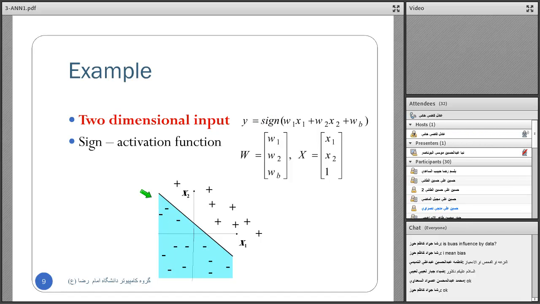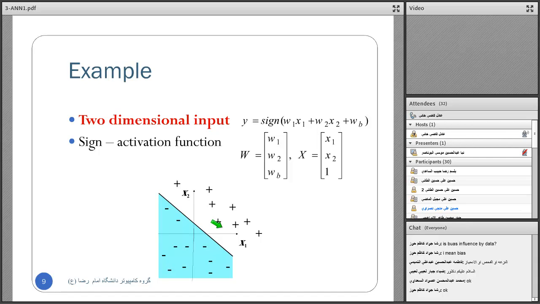Here in this figure you see the -1 and the +1. These are our outputs. As you see in this figure, we have x1 and x2. For example, in this point, x1 is this value and x2 is this value, and for this x1 and x2, the y is +1.